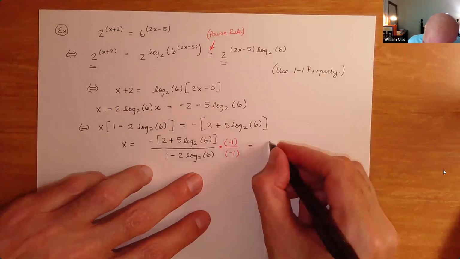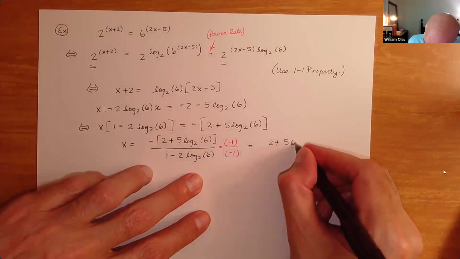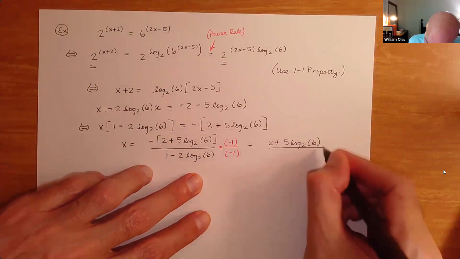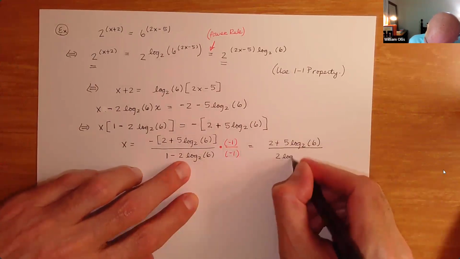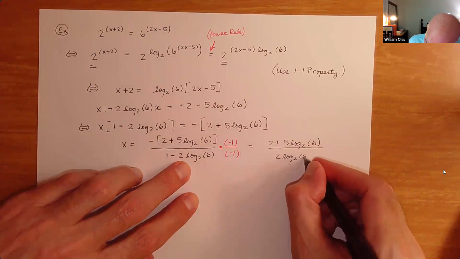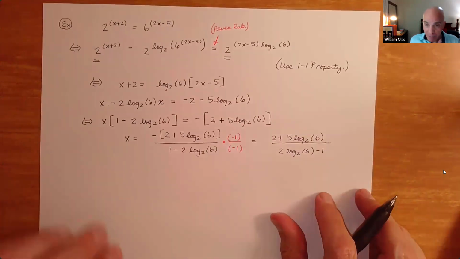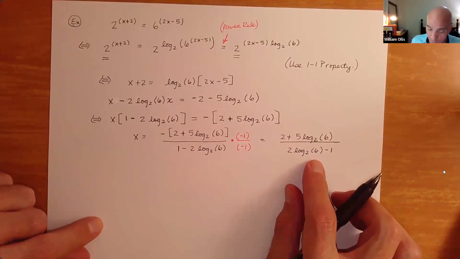So this just gives us 2 plus 5 base 2 logarithm of 6. And just transpose this, just flip it to base 2 logarithm of 6 minus a 1. So this would give us a base 2 logarithm representation of the solution.